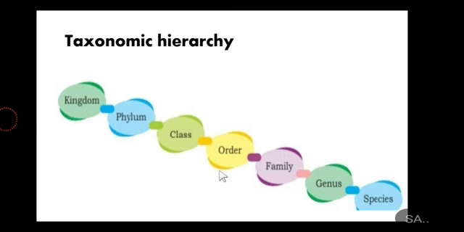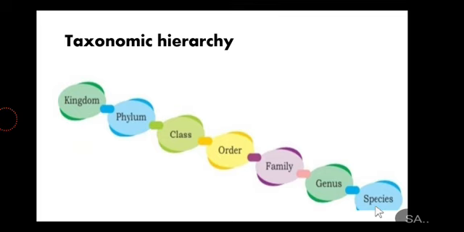So you can see from bottom till top you have 7 levels of classification, and these all are acting as separate units. Species indicate a group of organisms that are similar, and they have the ability to interbreed so that they can produce fertile offspring.